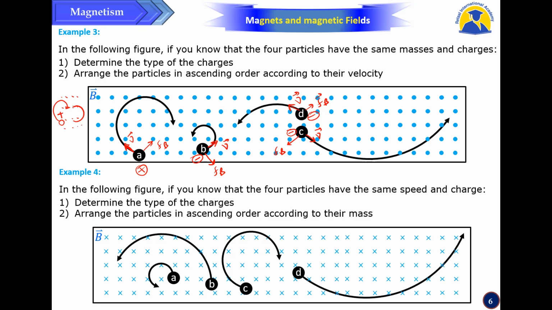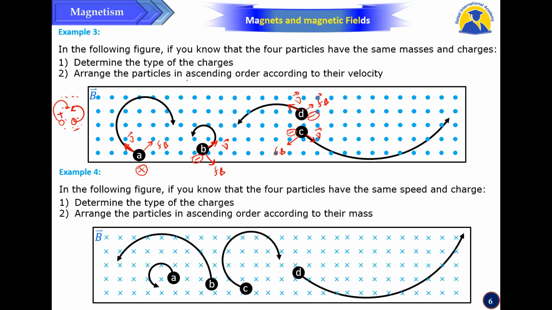While if the movement is counterclockwise, the particle carries negative charge. So we already finished part 1. Now regarding part 2, arrange the particles in ascending order according to their velocity.